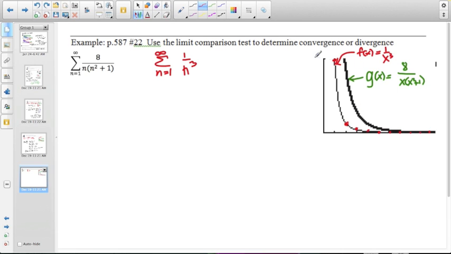If we evaluate this, we know it falls into a p-series again. We have a p-value of 3 that's greater than 1, and since it's greater than 1, this is convergent because of the p-series test.